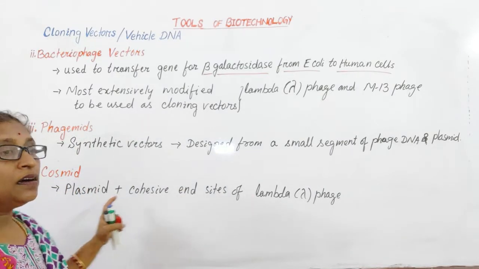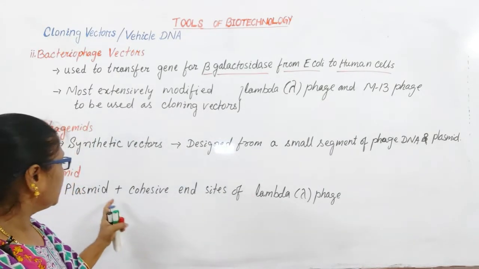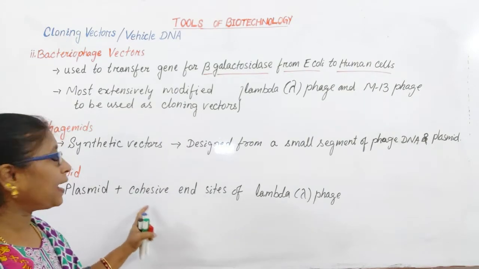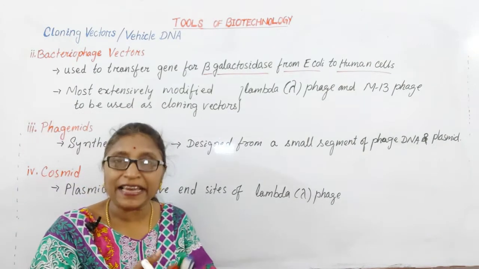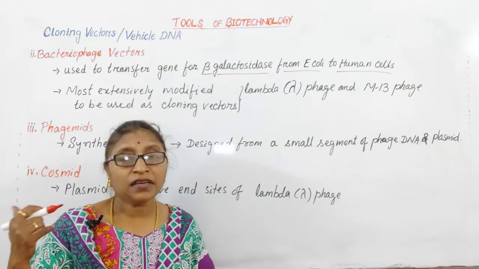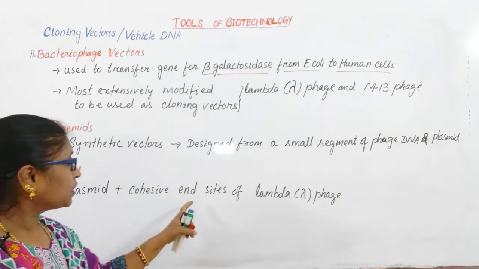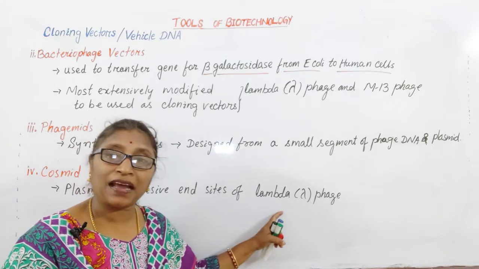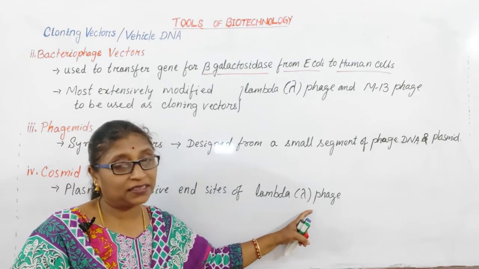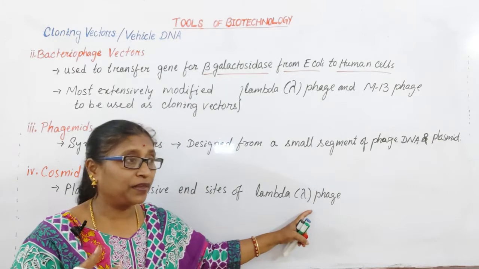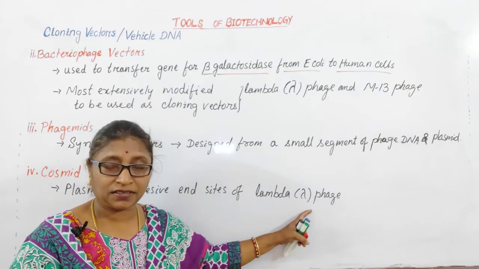Cosmid, this is synthesized by the combination of plasmid and the cohesive end, sticky end. We have discussed in the previous session the cohesive end sites of the lambda phage, that is the bacterial virus.